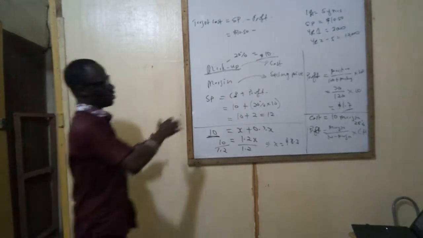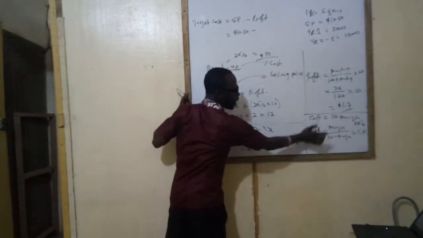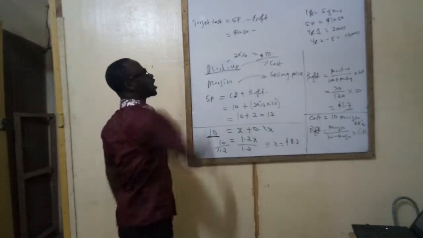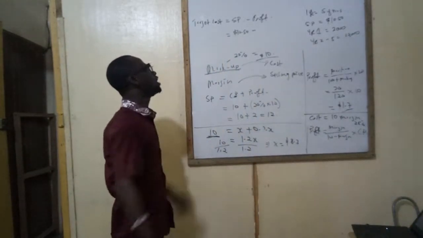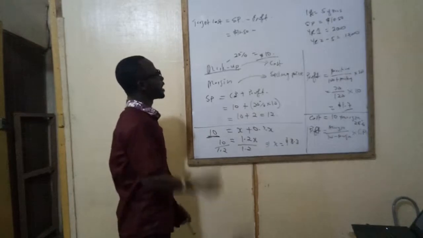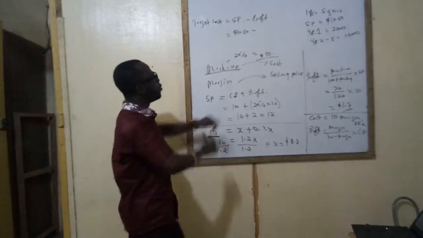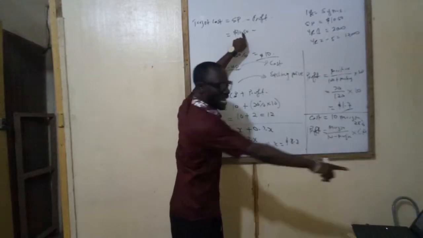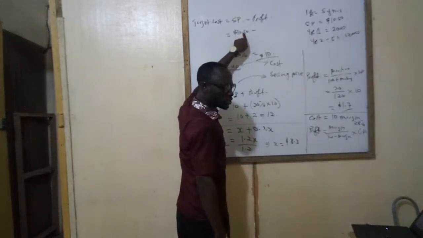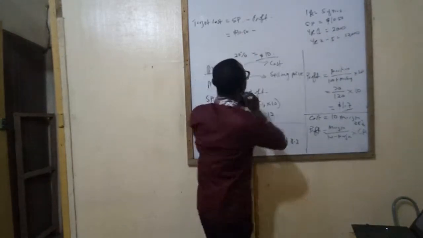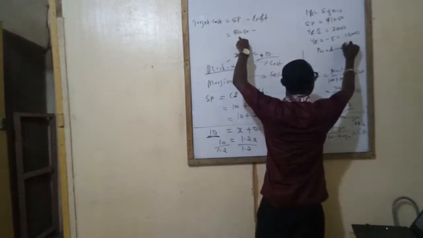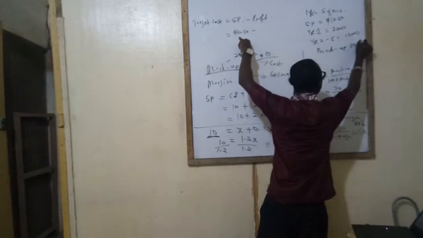Now that we know when to do what, go back to the question and calculate the profit. In this question, we are given a selling price of 10.5, but the examiner said the markup is 50%. So we have a selling price and a markup of 50%. So what do we do?